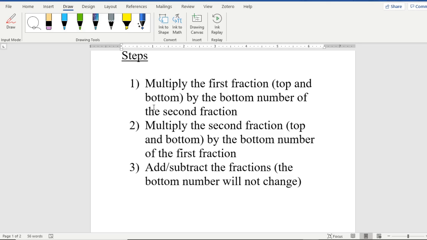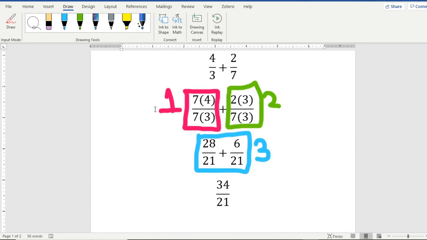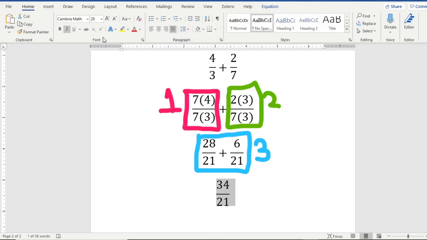Again, did that. And then step 3 is to add or subtract the fractions. The bottom number will not change. That's exactly what we have right here. Step 1, multiply top and bottom by a 7. Step 2, multiply the top and bottom by the 3. And then step 3, we added them together, which gave us this answer down here of 34 over 21. Let's highlight that in yellow.